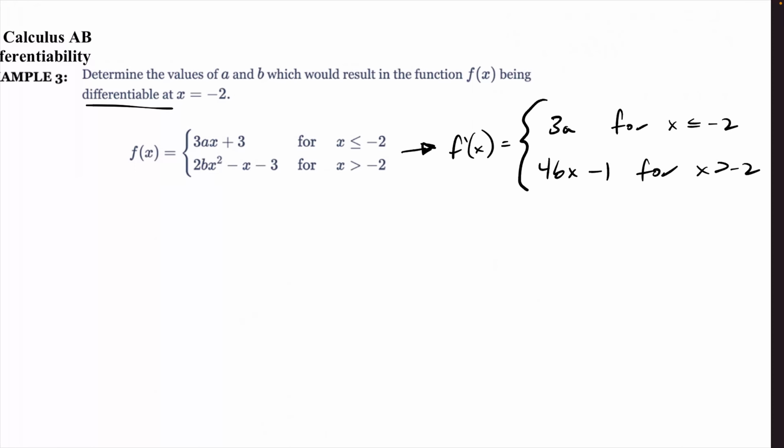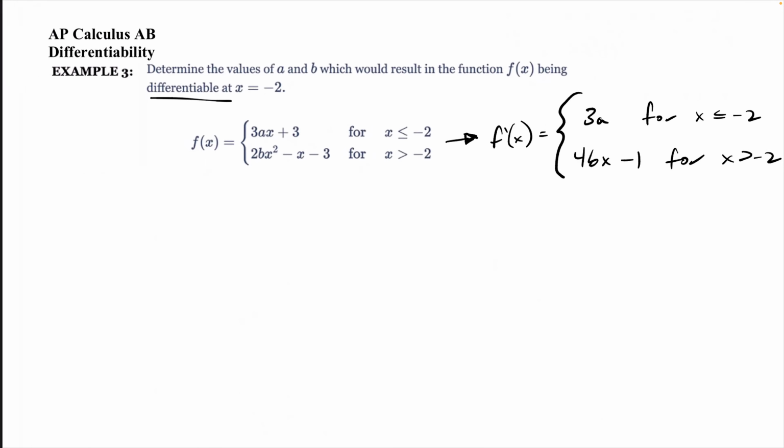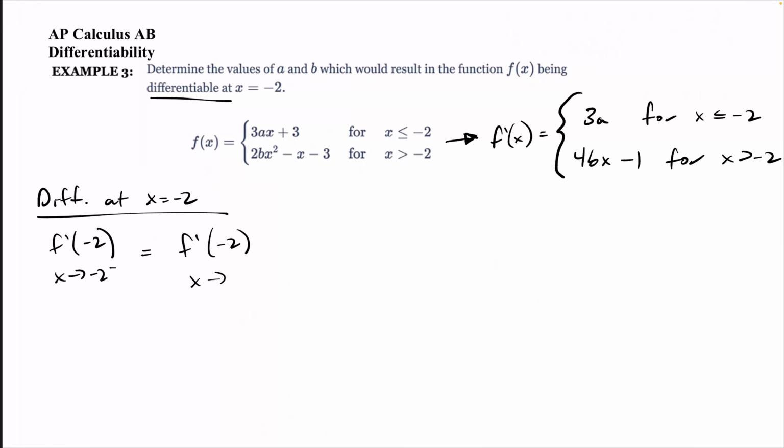Do the same thing you did, except we're only plugging in for x. We're not plugging in for a and b. We're trying to figure out what a and b are. It says it's differentiable, so they should equal the same thing from the left and from the right. So f prime at negative 2 from the left better be equal to f prime of negative 2 from the right.